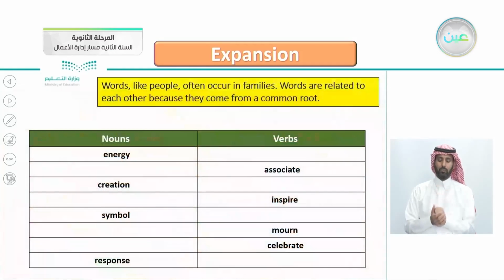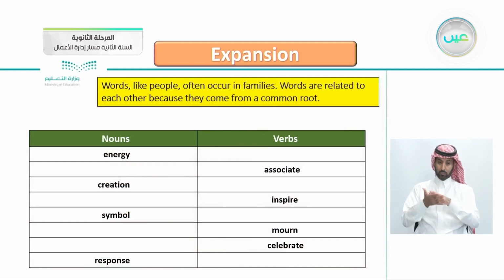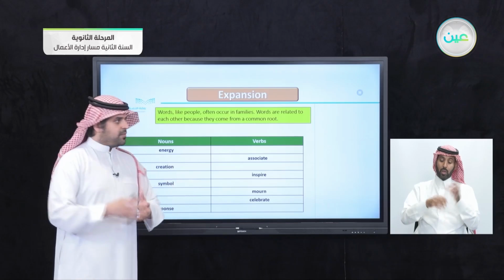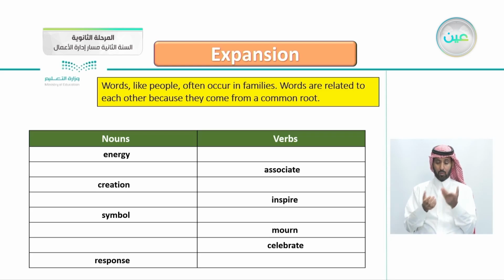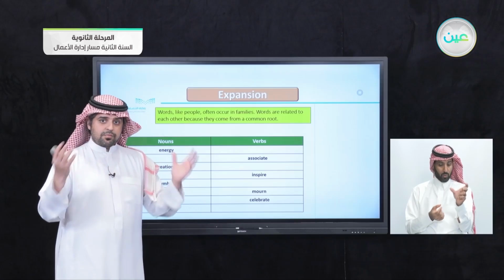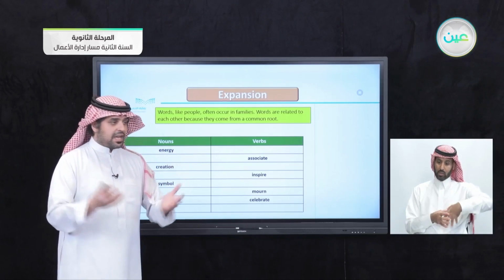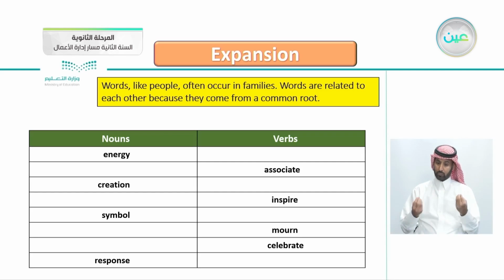So here are some words. Like people, words often occur in families. Words are related to each other because they come from a common root. So words come from the same root, and words have families.